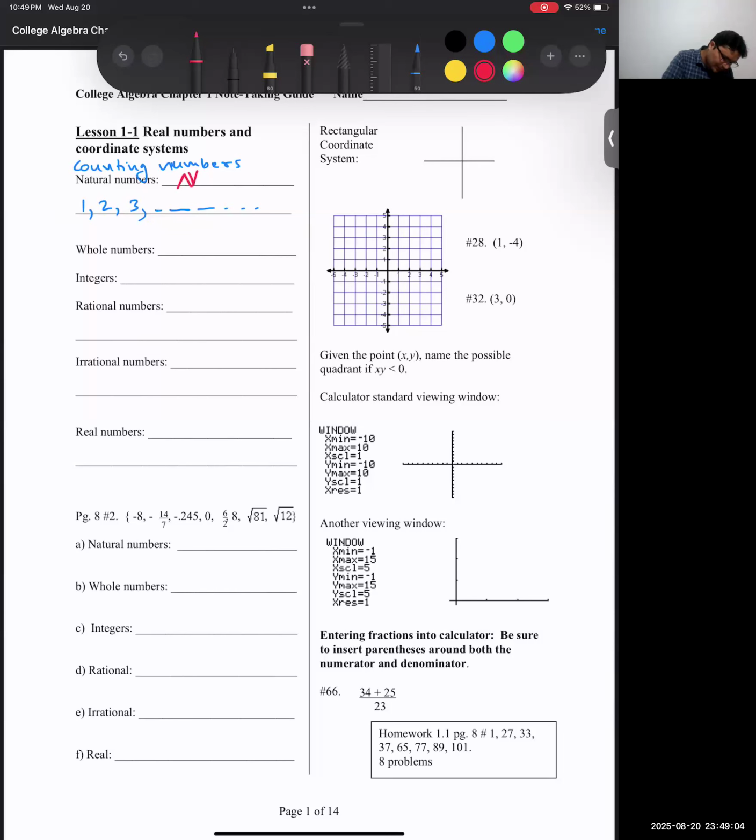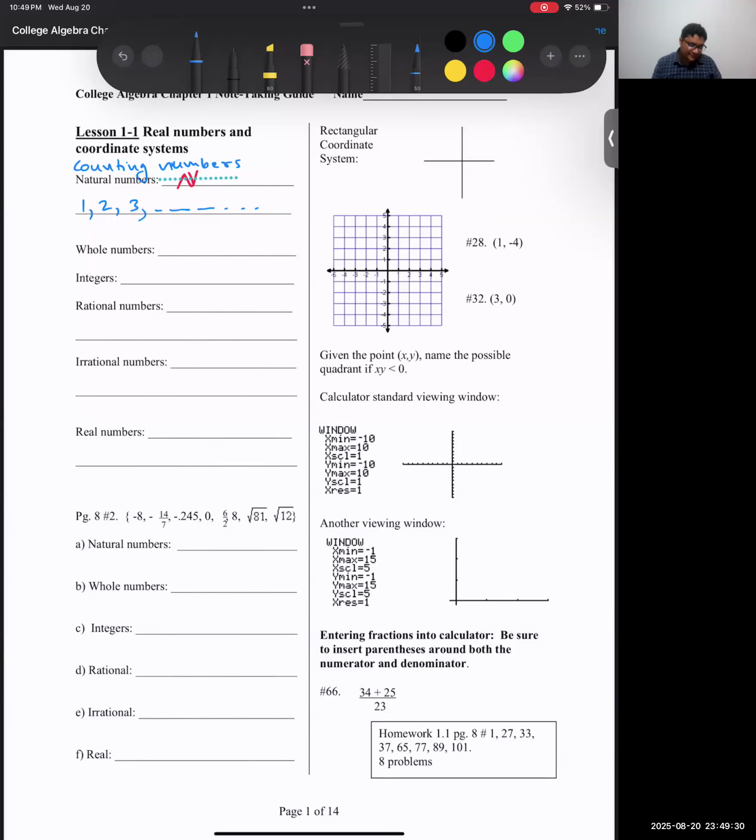Okay, and I want you to take note of that symbol. That n with one extra line is called script n. Okay, that script n is the notation for natural numbers, and it is a very standard notation. Wherever you see this in mathematics, immediately you think of natural numbers.